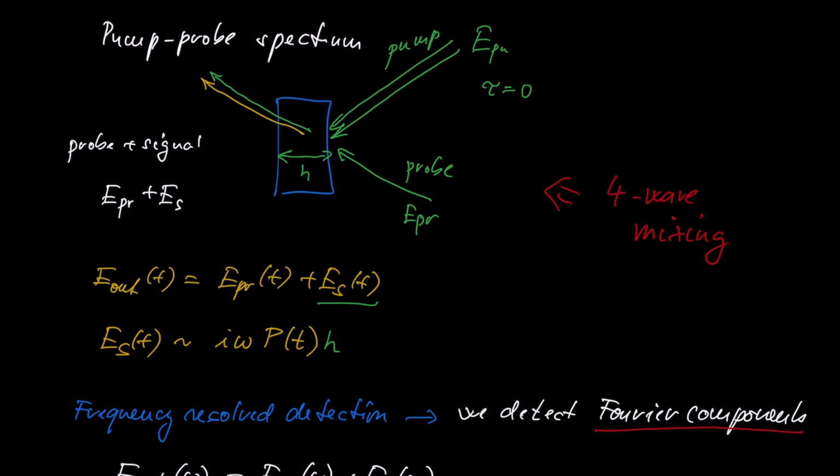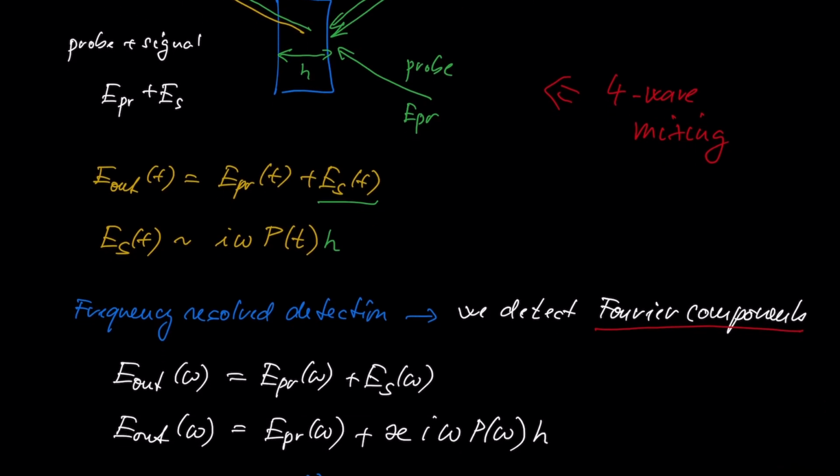So imagine that we would now want to detect, I mean, it sounds stupid, if we know, for instance, that in pump probe we can detect the signal field alone, linearly, and that we do not have any problem with phases of the pulses.